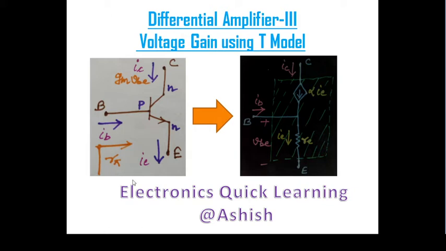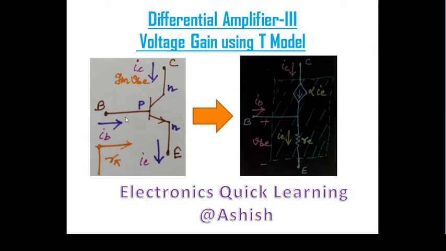For the T model, we use the concept in which a bipolar junction transistor looks like this model, where the current source is alpha times I, and RE, IB, IC, I are all AC signal quantities.